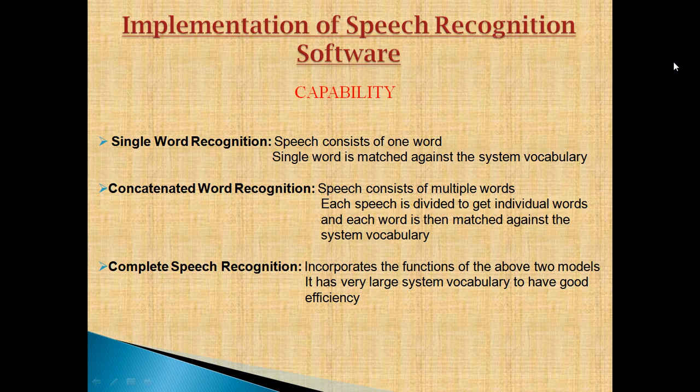This basically incorporates everything of the above two models. It is mainly used for taking dictation or for communicating with an automated system. This model needs a very large vocabulary size for detection, otherwise it will be a problem. But the system is again speaker dependent or independent. So these are the three kinds of capabilities that the software has.